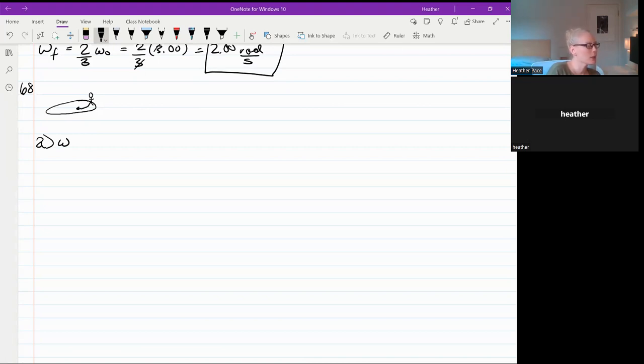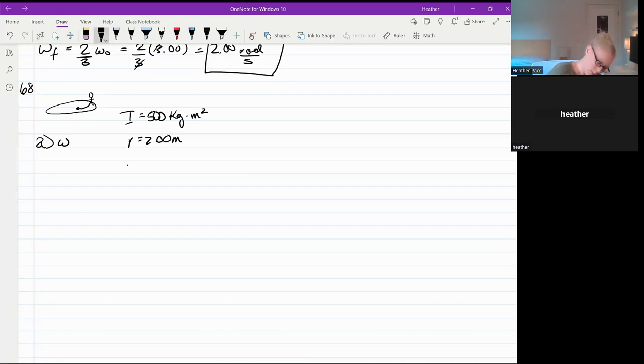Let's look at what we're given. We are given the turntable's moment of inertia, 500 kilogram meters squared. We are given the radius of the turntable, 2.00 meters.